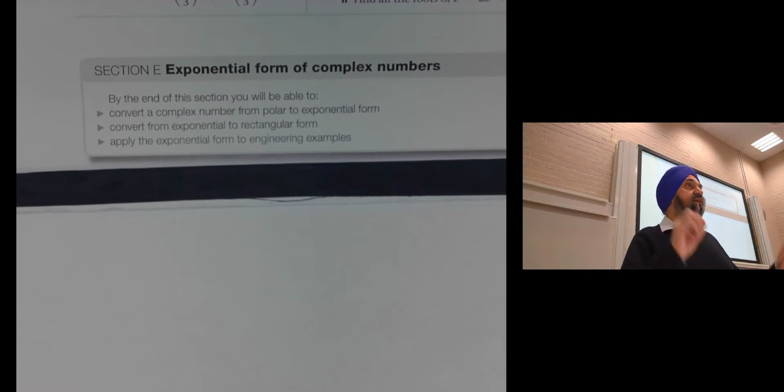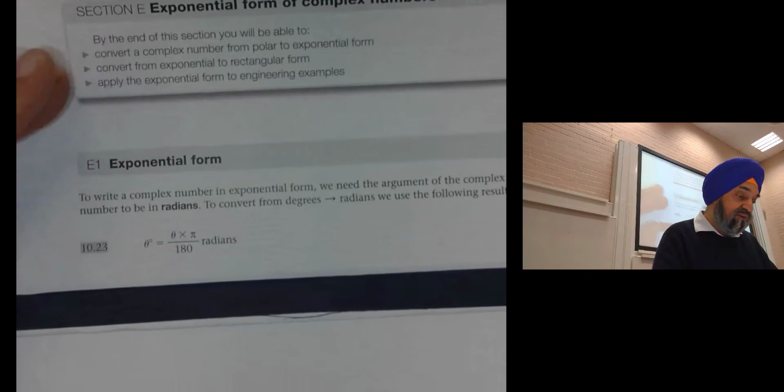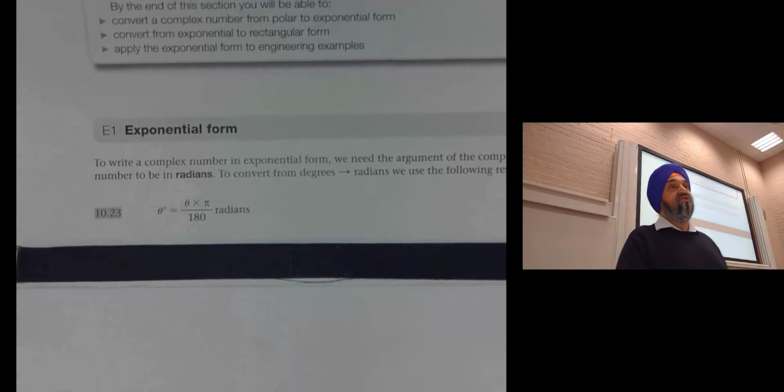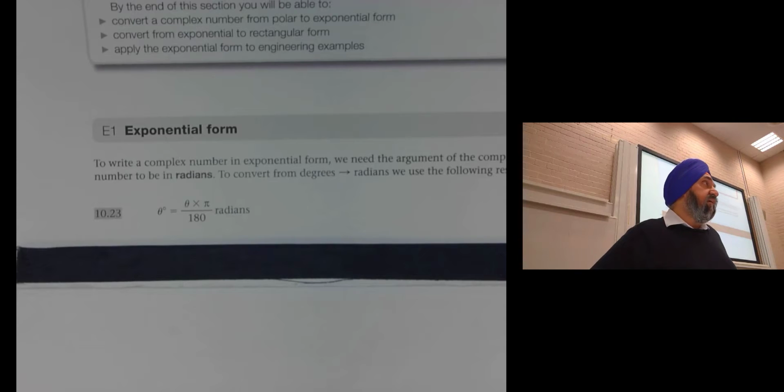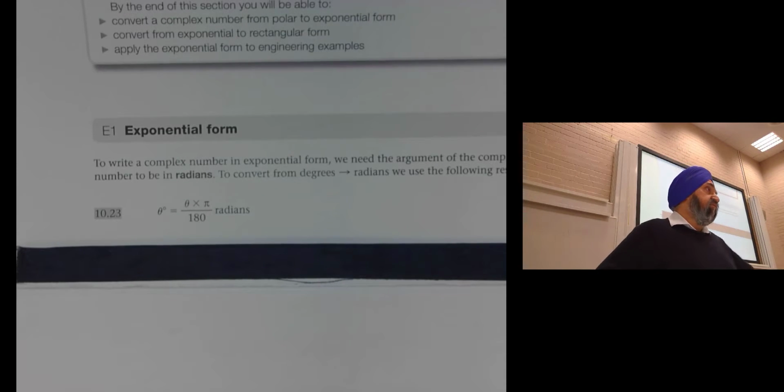The important thing here, like I said to you in the first hour, that's why I worked in radians, is that the argument theta has got to be in radians. It cannot be in degrees anymore. You've got to work in radians now. You've got no choice. The last section, look at the book, I did in degrees. I did my notes in radians, but you could flip-flop between the two. It wouldn't have made any difference. Here you can't.